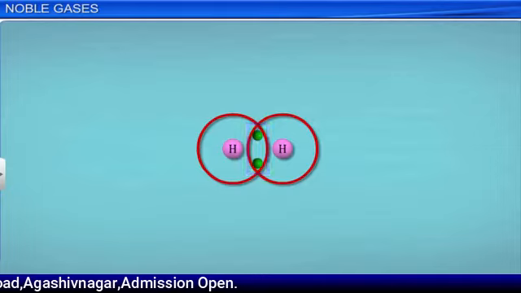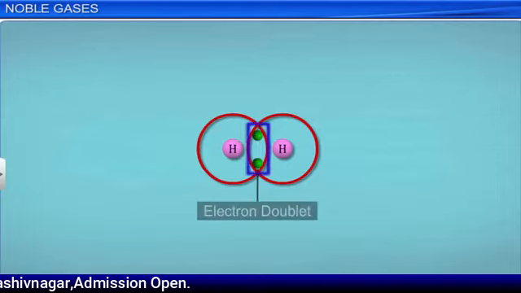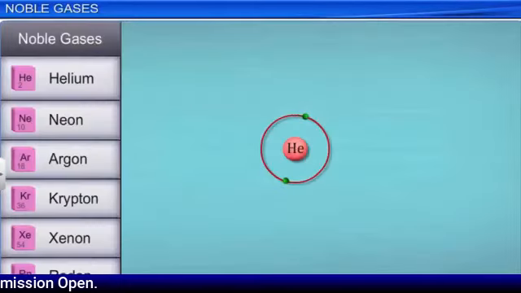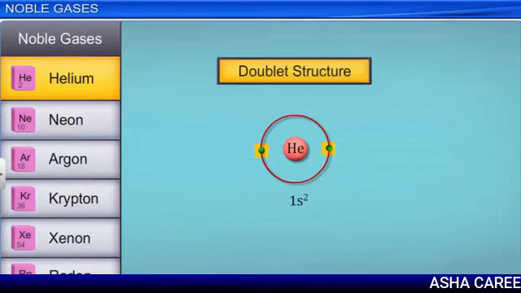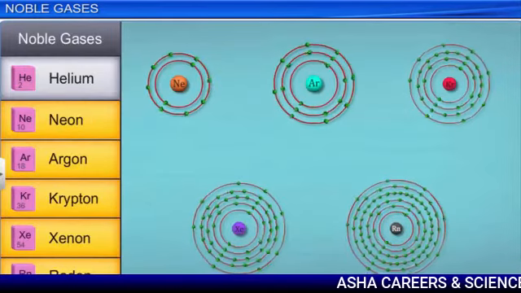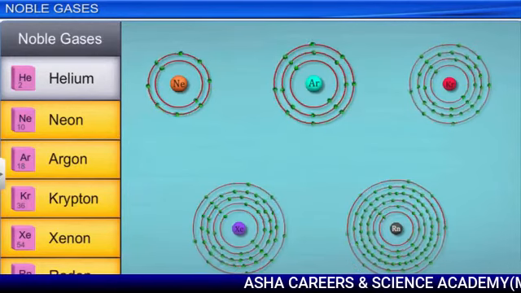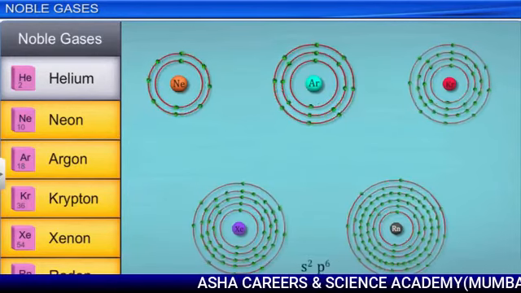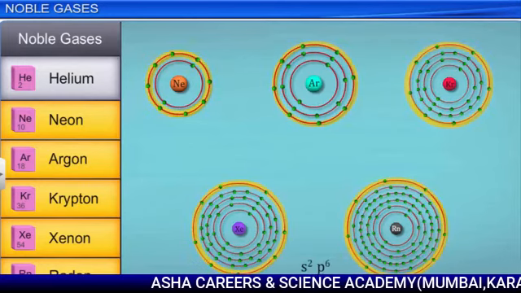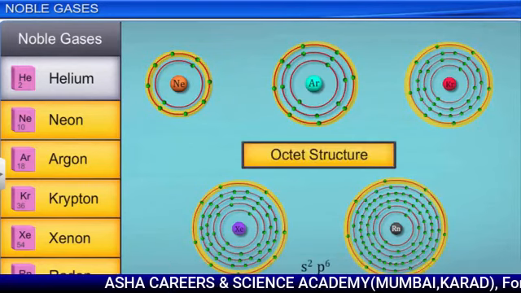The pair of electrons is called an electron duplet. For instance, helium has an electron duplet, 1s2, and hence it has a duplet structure. On the other hand, the outer electron structure of the other noble gases is s2p6. This structure is called octet or closed structure.